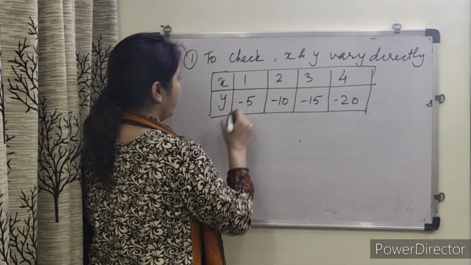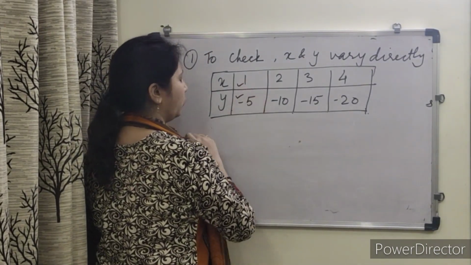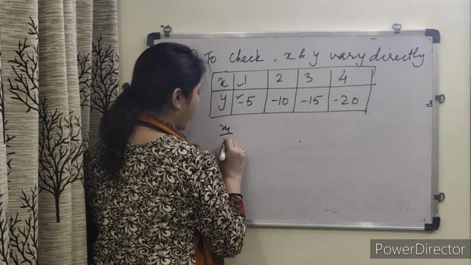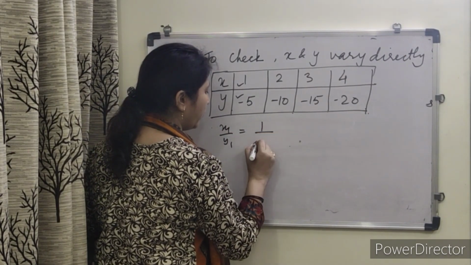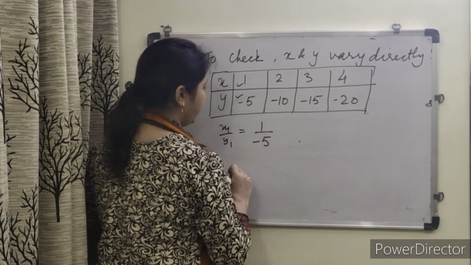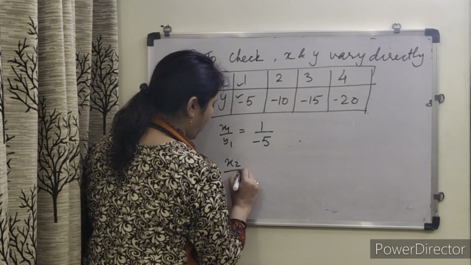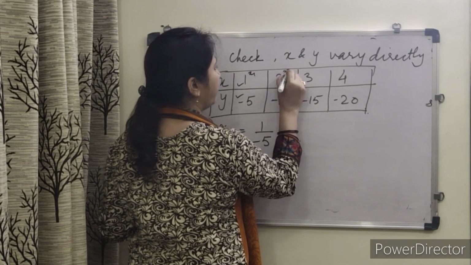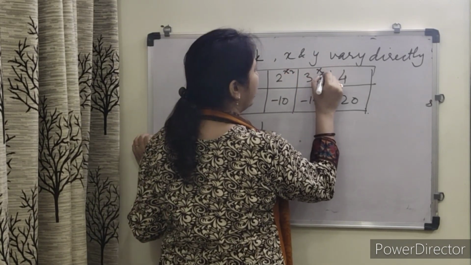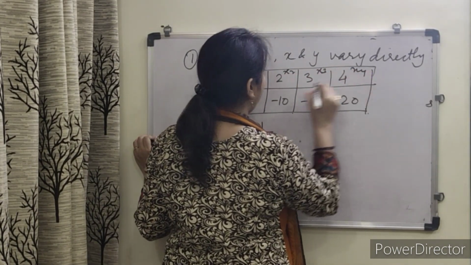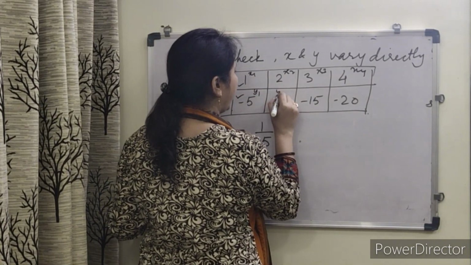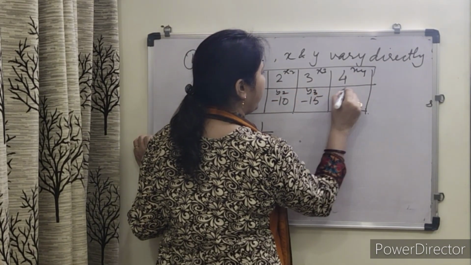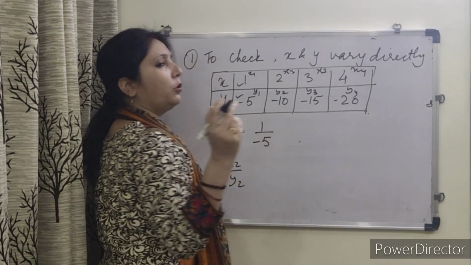So just see, x1 upon y1 is 1 over minus 5. I am taking these values of x as x1, x2, x3, x4 and values of y as y1, y2, y3, y4. You can also do it for your convenience.